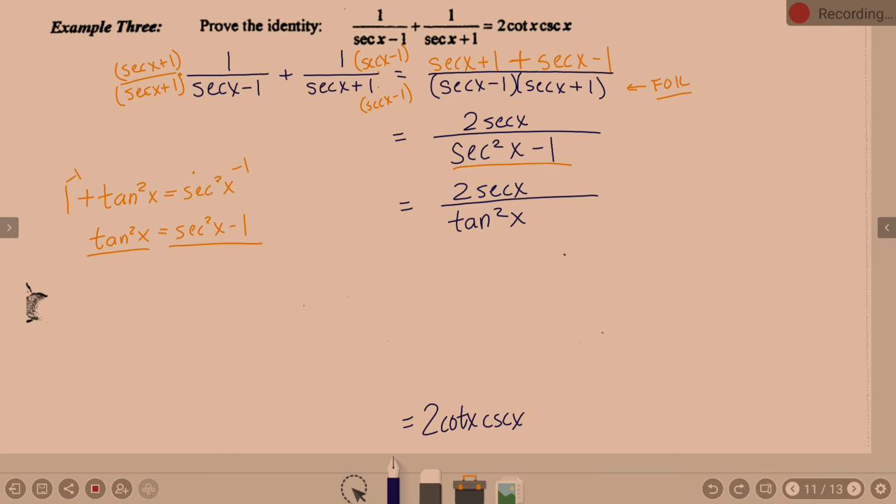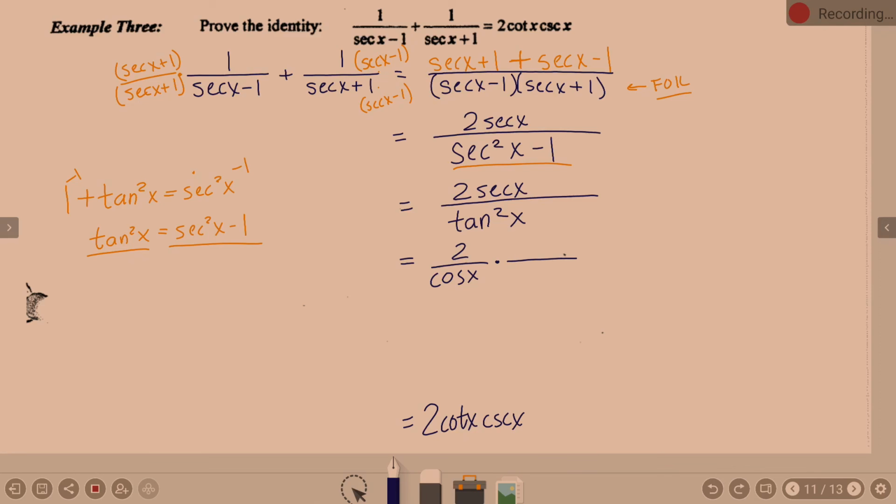Now, if this is 2 secant divided by tangent squared, what do we know about secant? That's 1 over cosine. But the 2 is going to stay on top of that fraction, right? So can you agree that 2 secant is 2 over cosine x? Can we agree to that? And then it's divided by tangent squared.